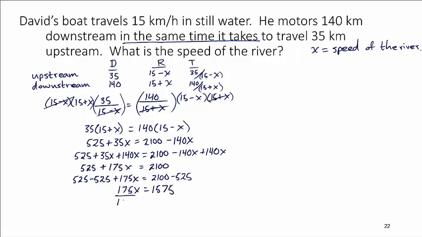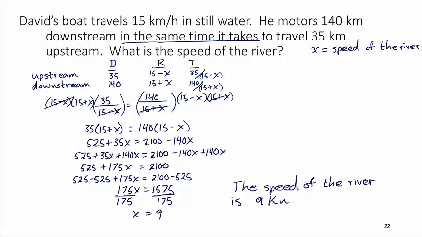And I want to divide both sides by 175 now to get x by itself, which is 9. The speed of the river is 9 kilometers per hour, right?